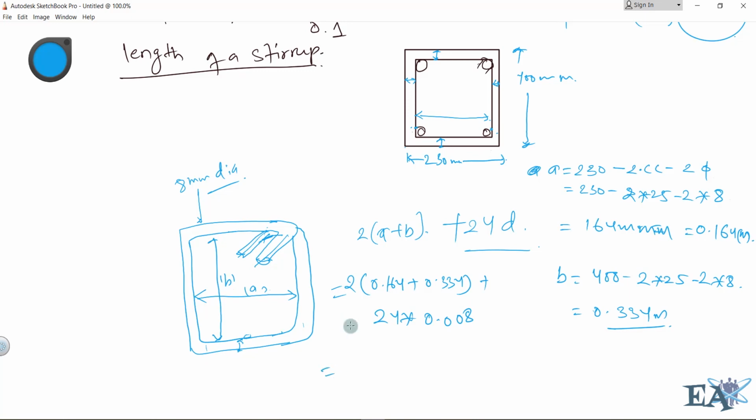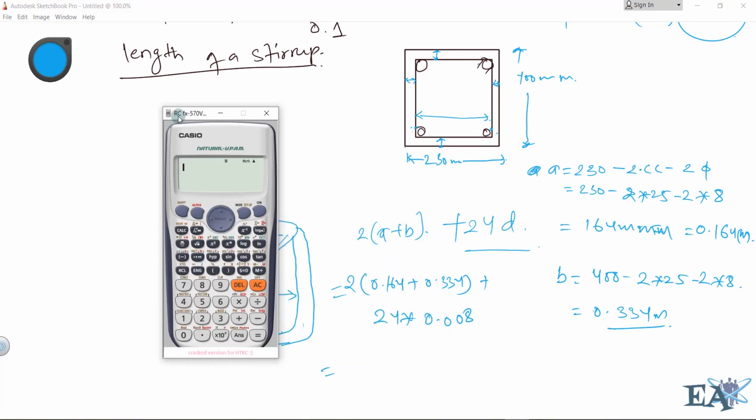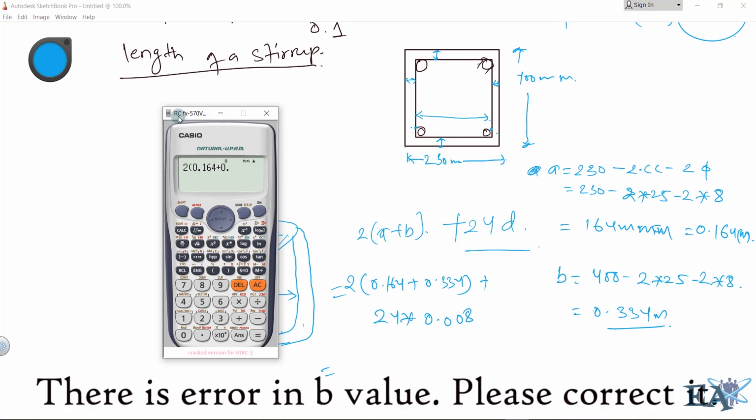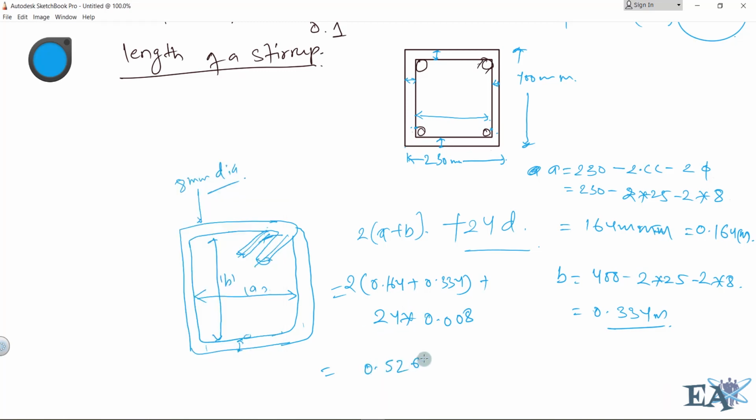So if I do this calculation here, open the bracket, 0.164 plus 0.334, close the bracket, plus 24 into 0.008. This turns out to be 0.5268 meters. 0.5268 meter for a single rebar.